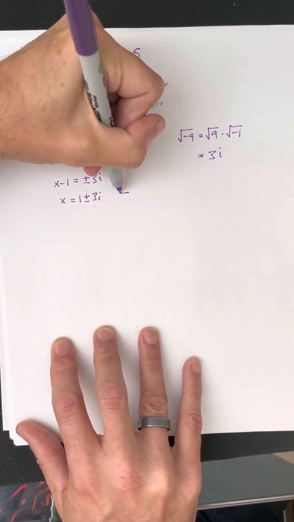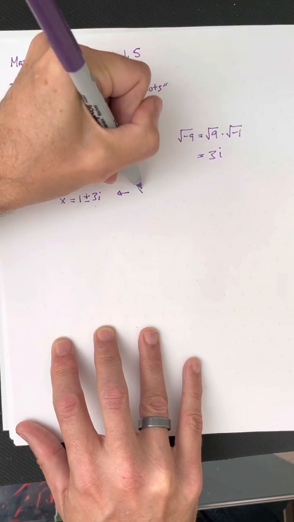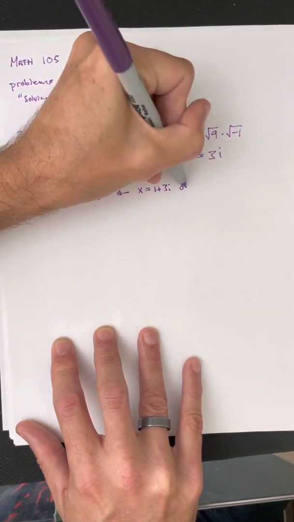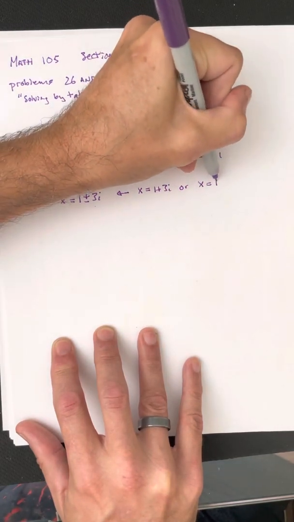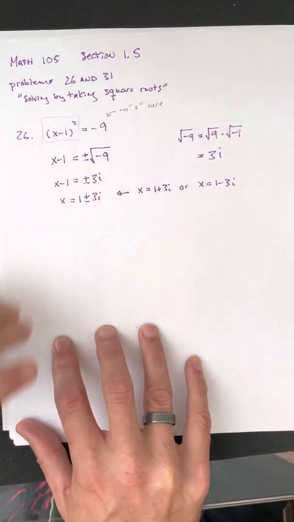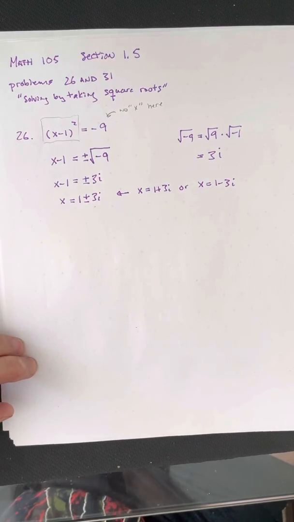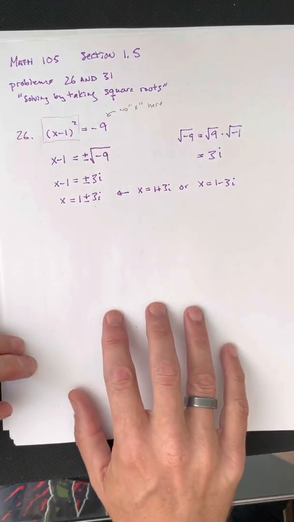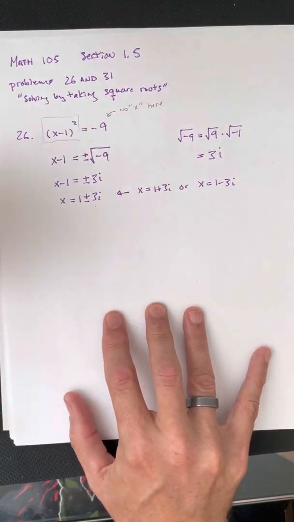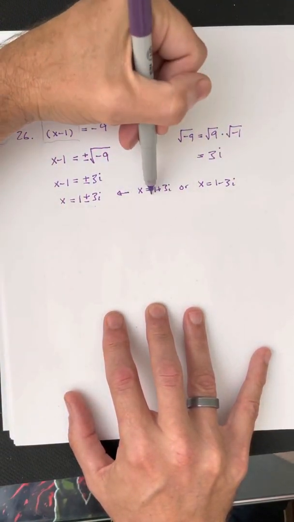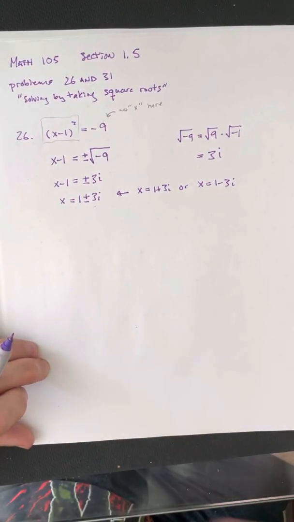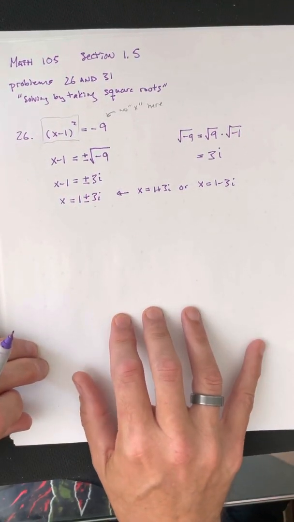And notice, this is again shorthand for x equals 1 plus 3i, or x equals 1 minus 3i. The thing to keep in mind with quadratic equations is when you do have complex number solutions, they always come as a pair, and the pairs are conjugates. So it's a plus bi, a minus bi when they're complex numbers.